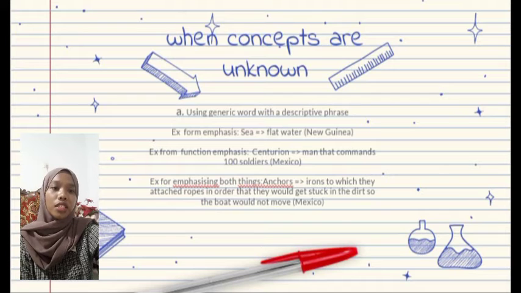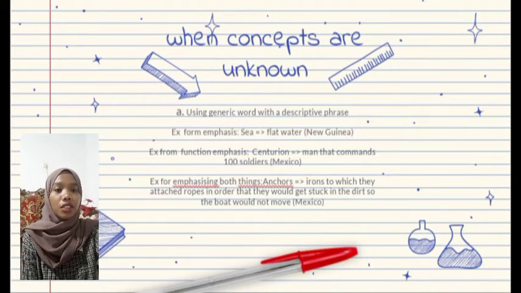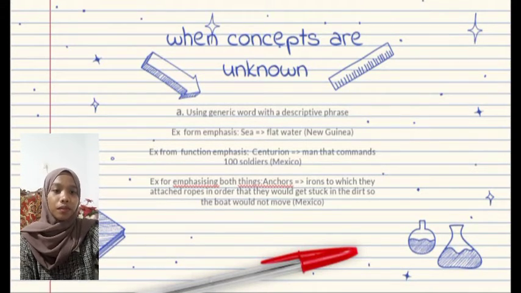First one is using a generic word with a descriptive phrase. For example, from emphasis on form, seal has the same meaning as flat water in New Guinea. Then, an example of function emphasis: centurion has the same meaning as man that commands 100 soldiers in Mexico.